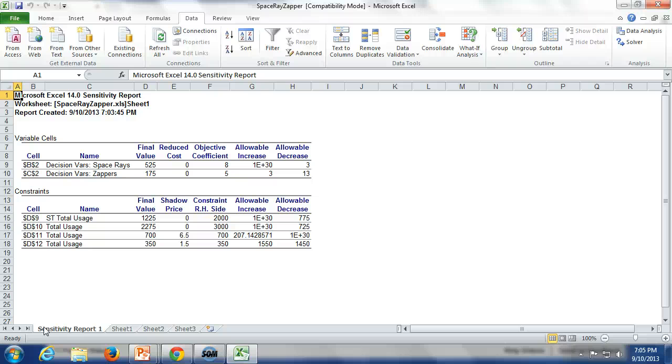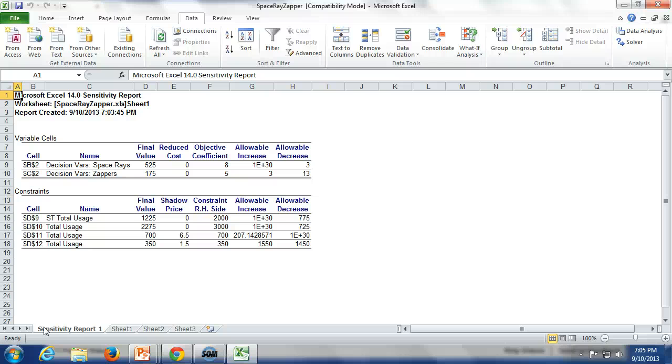And the allowable increase, and this is an awful way Excel expresses this, is 1 times 10 to the 30th, which is basically what? 1 with 30 zeros, which is, for all intents and purposes, infinity. So the range of optimality for space rays in this case is from 5 to infinity.